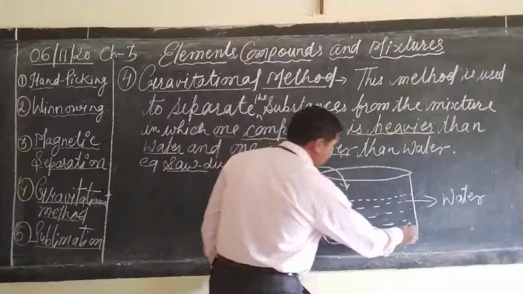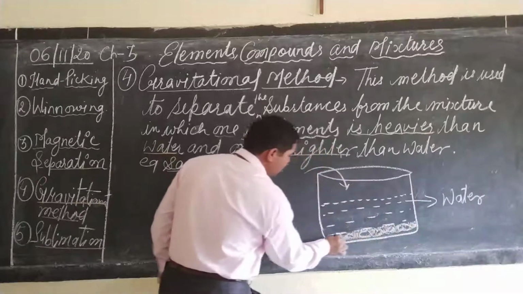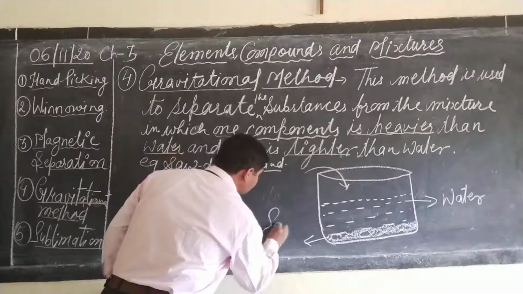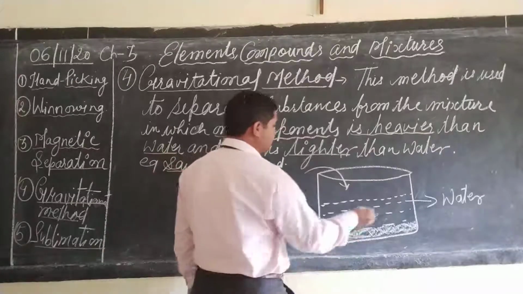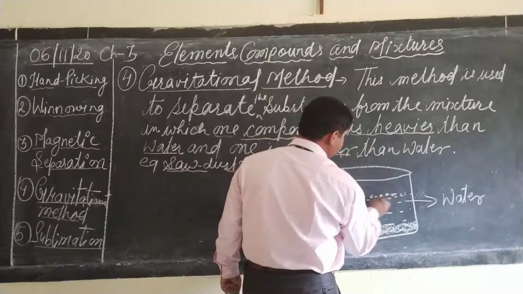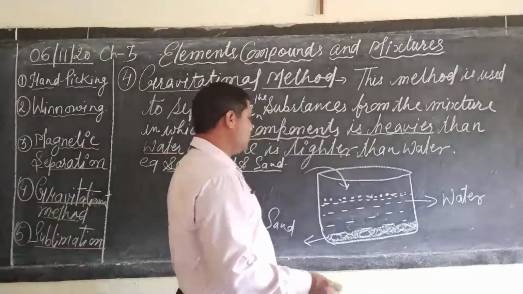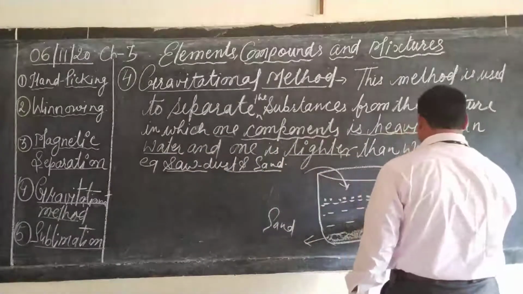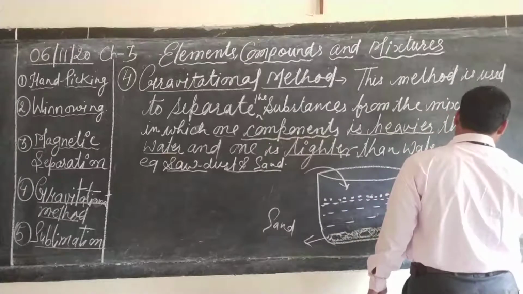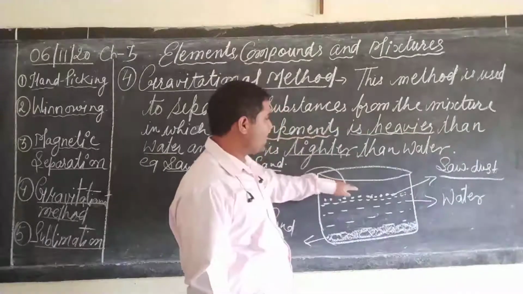What you see, the sand settles at the bottom of the container. This is the sand. Whereas the sawdust is floating on the surface of the water. You see here?